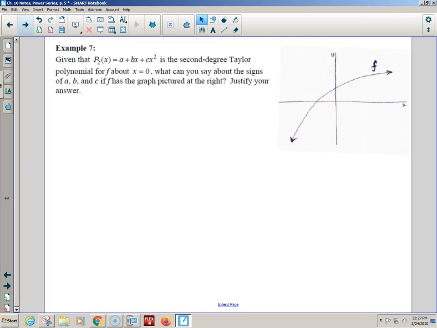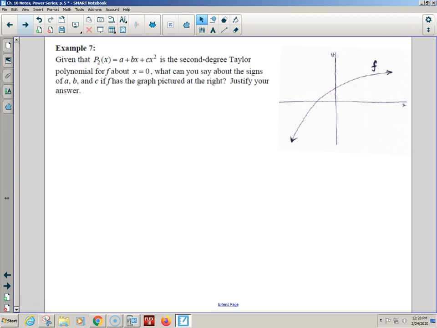How about this guy? This sounds a little AP-ish. Given P sub 2, wait, now I can approximate with quadratics, not just tangent lines? This is interesting.